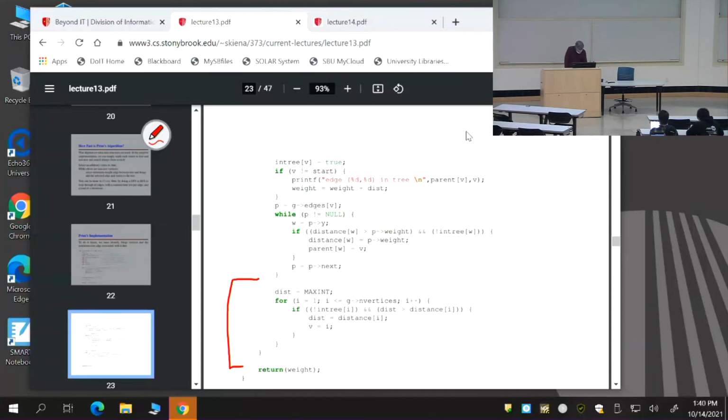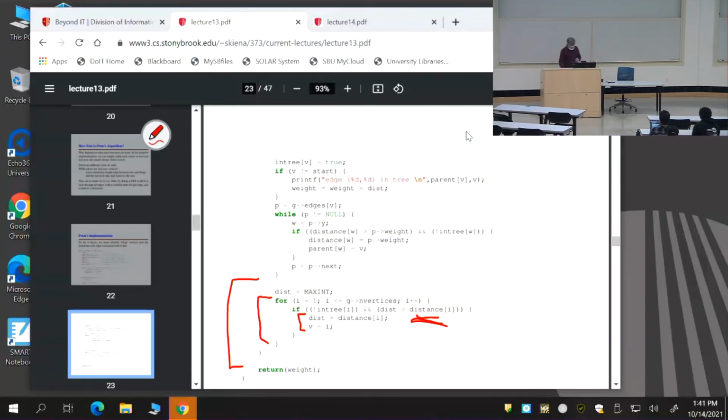We're going to go through all vertices, and we're going to ask if vertex I is not in the tree, and the distance to I is less than the cheapest edge I know of between a vertex not in the tree and one in the tree, I'm going to keep track of it. Does everybody see what this is doing? This is sweeping through that distance array and going to tell us what is the cheapest vertex to add.